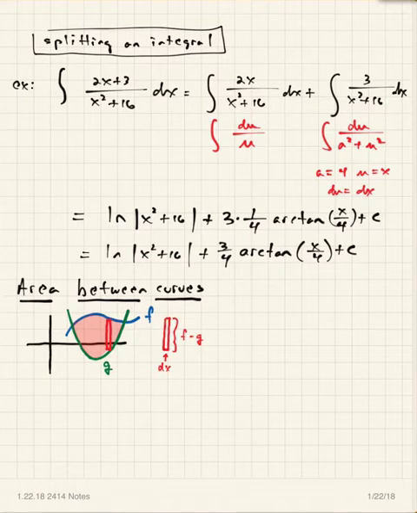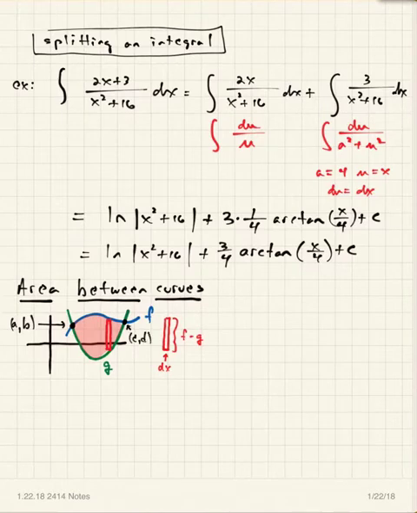And so the area in a problem like this, you would need the points of intersection of the 2 curves. So let's say that this point of intersection is AB, and this point of intersection is CD, and you're not always going to be given that.